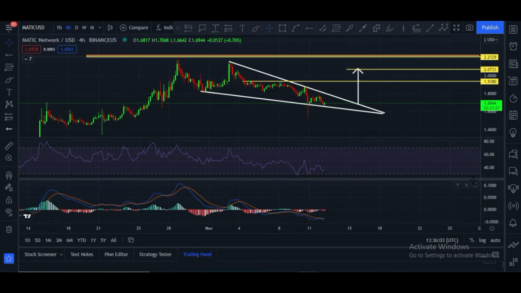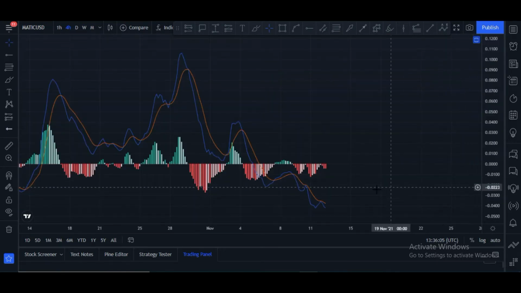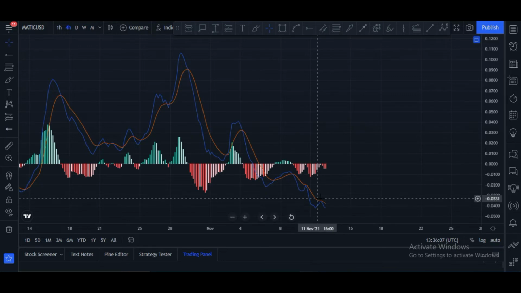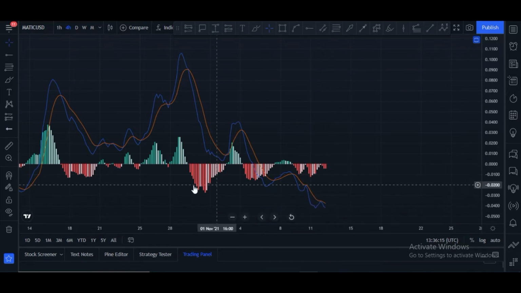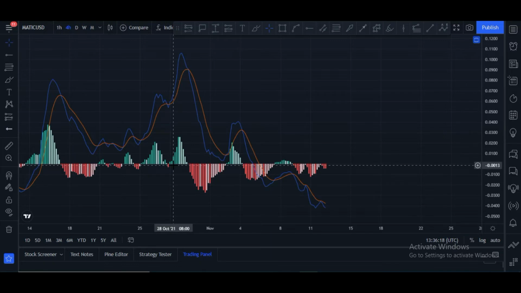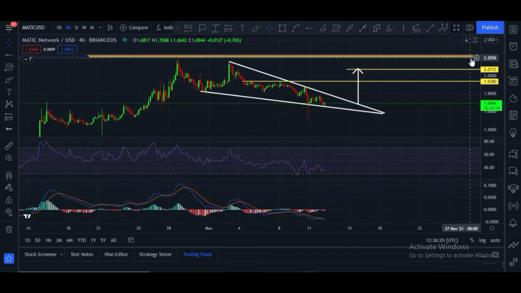Otherwise maybe we can see some sideways action. And this is the MACD, and here you can see the towers are very small red towers, and that is why price is going down. Once green towers come, we have to wait for the crossover and green towers. After that price will go up.